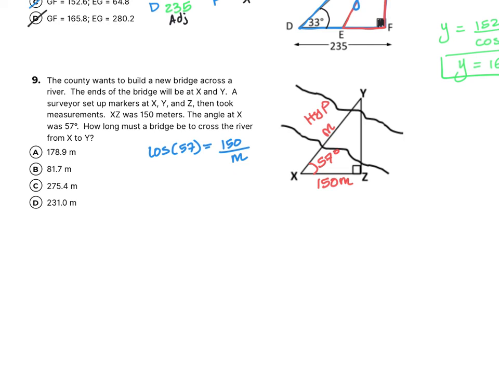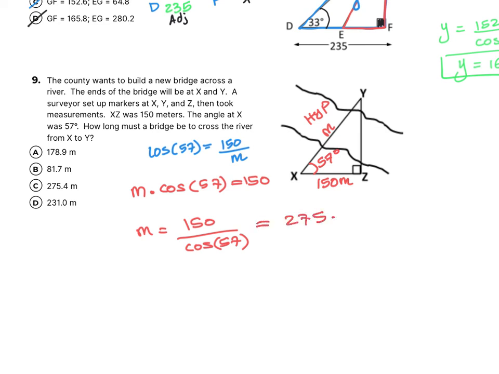So I'm going to do the work. If you cross multiply, you will get m times cosine of 57 equal to 150. And then you divide by cosine 57 on both sides. So in this case, m is going to be 275.4 meters, and the answer is going to be C.